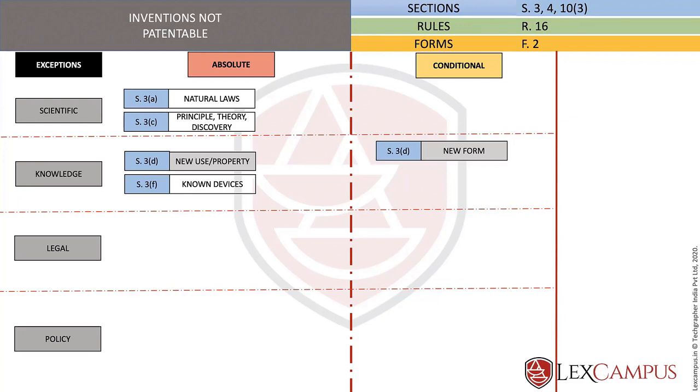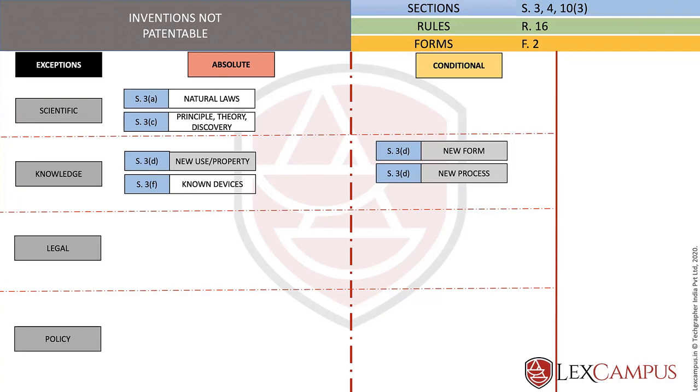So this is a conditional exception, new form of a known substance, which is what we call part 1 of section 3D. And part 3 of section 3D. If you look at section 3D, part 3 starts as a mere use of a known process. From there on, the mere use of a known process, machine or apparatus, unless such known process results in a new product or employs at least one new reactant.